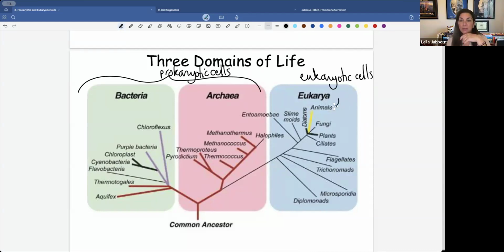Our human cells, under animals, are eukaryotic cells. The cells that make up fungi are eukaryotic cells. The cells that make up plants are eukaryotic cells. They're a little bit more sophisticated cells with a much higher level of organization, and that's what we're going to see here.